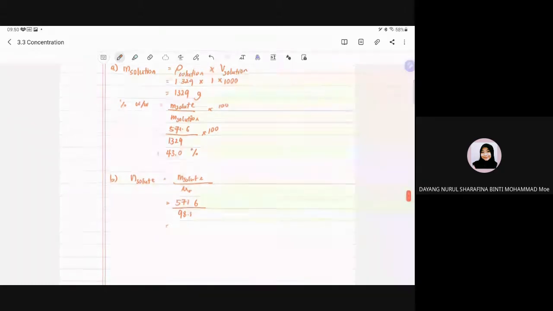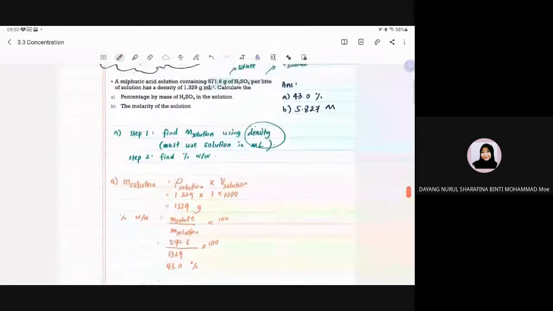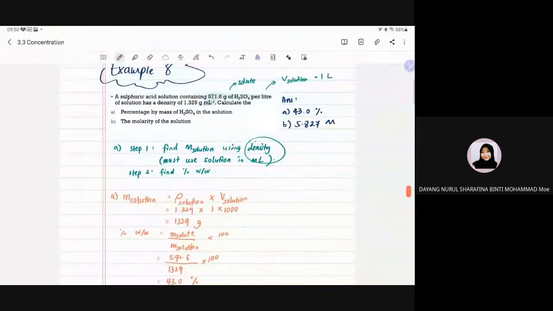Kita akan dapat 5.827 mol. Okay. Kemudian nak cari dia punya solution.